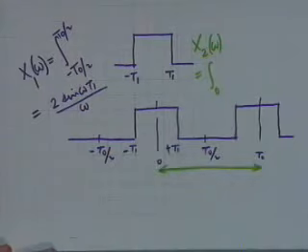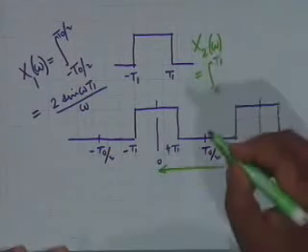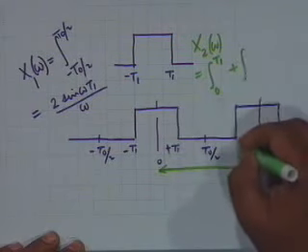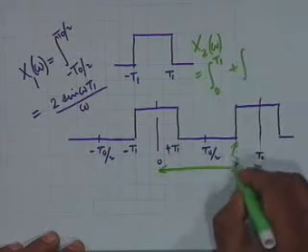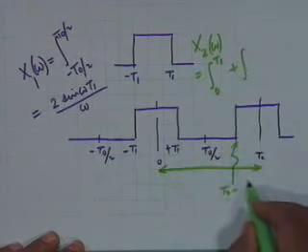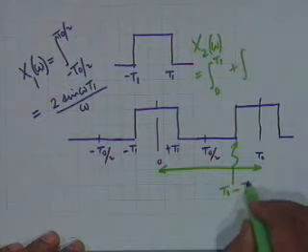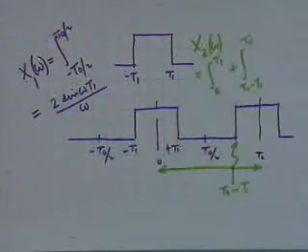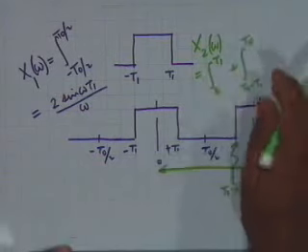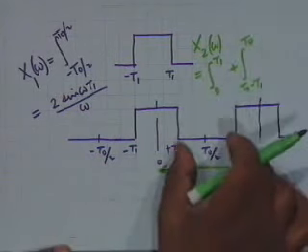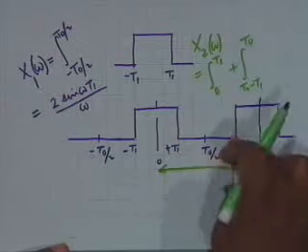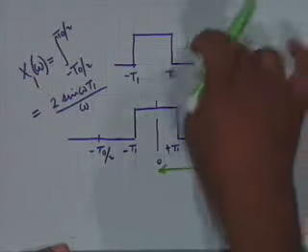Alright, it will be 0 to T1, one integral, plus, what is this value? This time T0 minus T1. So plus T0 minus T1 to T0, alright. The integral now shall consist of two parts because in between it is 0. 0 to T1 and then T0 minus T1 to T0. Obviously X2 of omega shall be different.